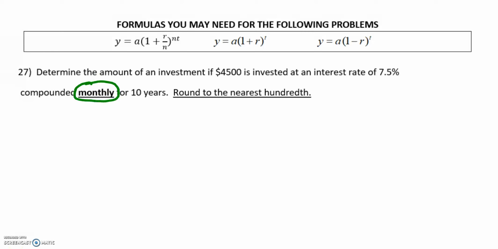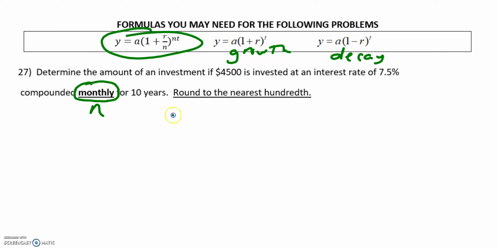So as soon as I see the word monthly, this represents the number of times that money is compounded per year, which represents n, which means that this is the equation I'm going to use. This one, for review purposes, is the exponential growth, and this is the exponential decay, because we have a plus and a minus.